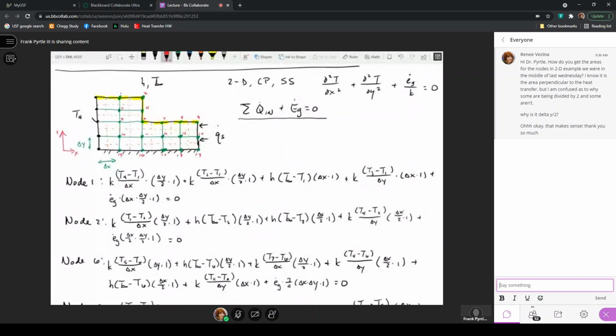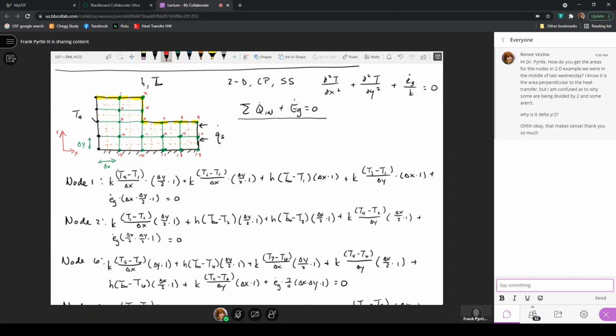This would be T2 minus T1 divided by delta X. And that tells me what the temperature gradient in the X direction is. We can do that anytime that we have nodes in the X and Y direction.